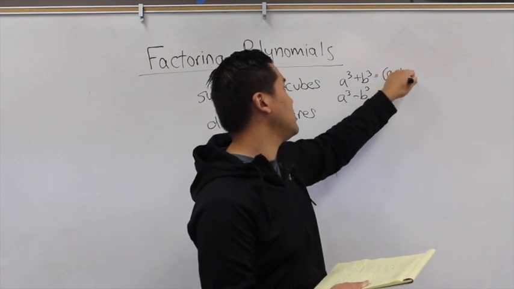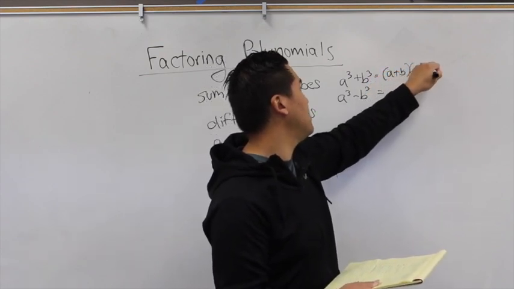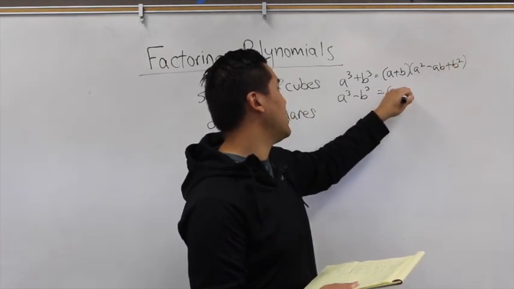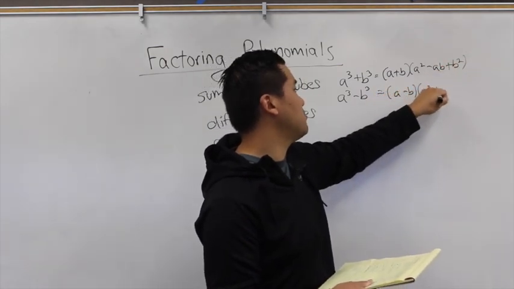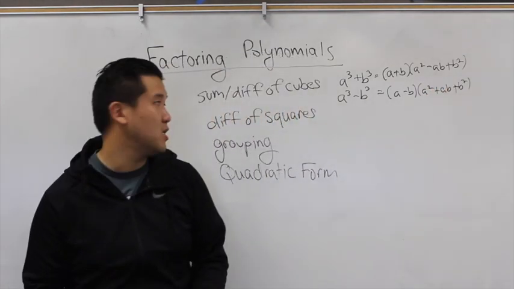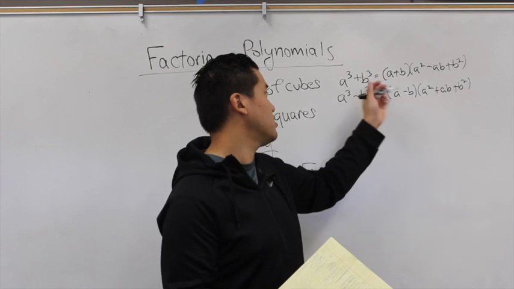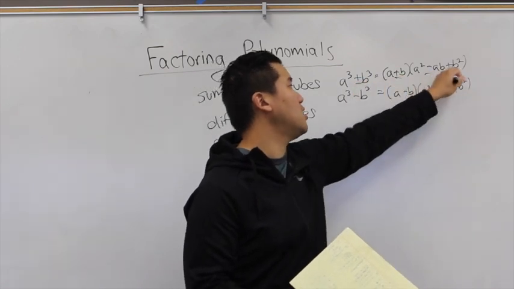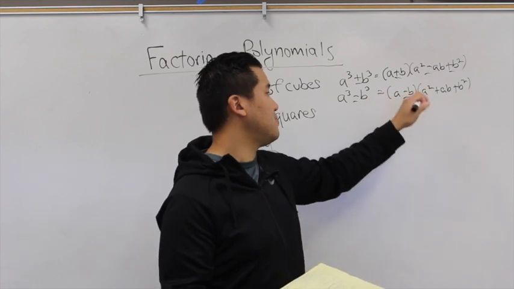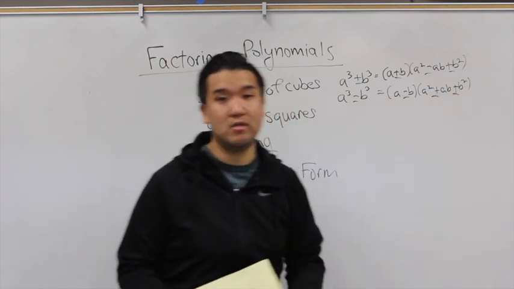We get a plus b, a squared minus ab plus b squared. And then if it's the other way, you get a minus b, and you have a squared plus ab plus b squared. So you do need to memorize the formulas. You know, it's same, opposite, always positive. That's how I teach my kids. So if it's negative, then same, negative, opposite, and always positive.